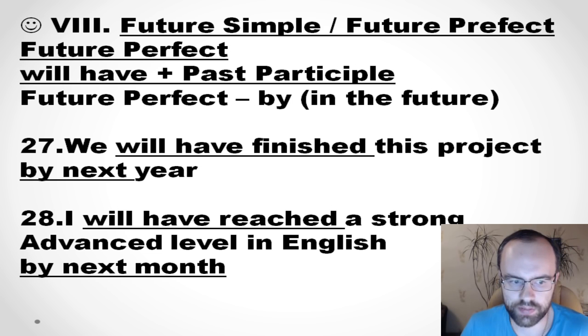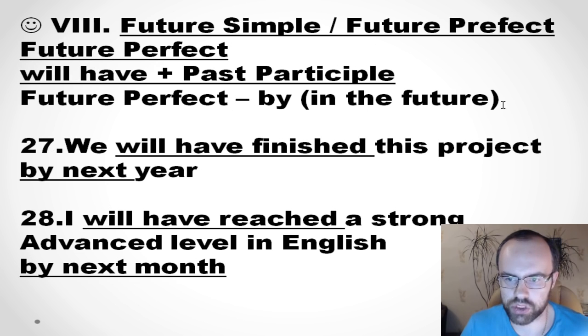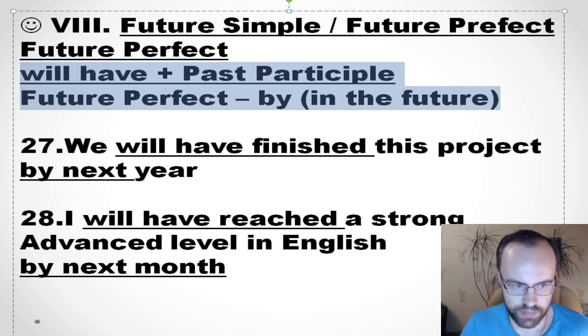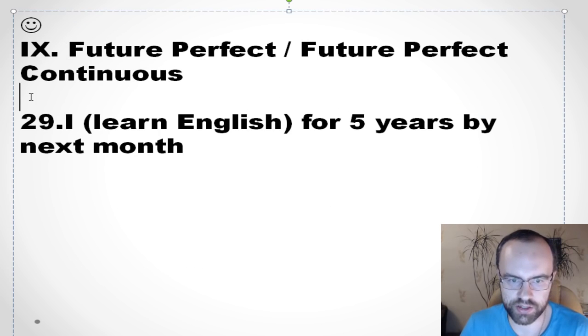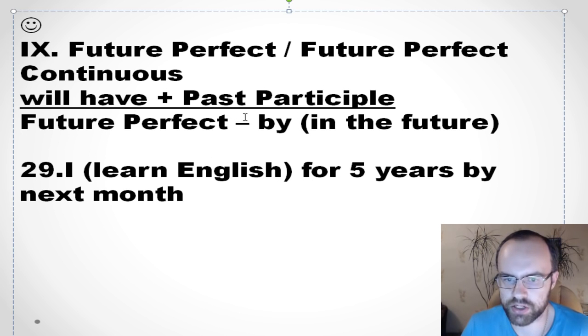Okay, good. And so the last section, future perfect and future perfect continuous. I think that you know what future perfect is, yeah? So it's quite easy for you now. We'll have plus past participle, future perfect, when you have by. So what is future perfect continuous?